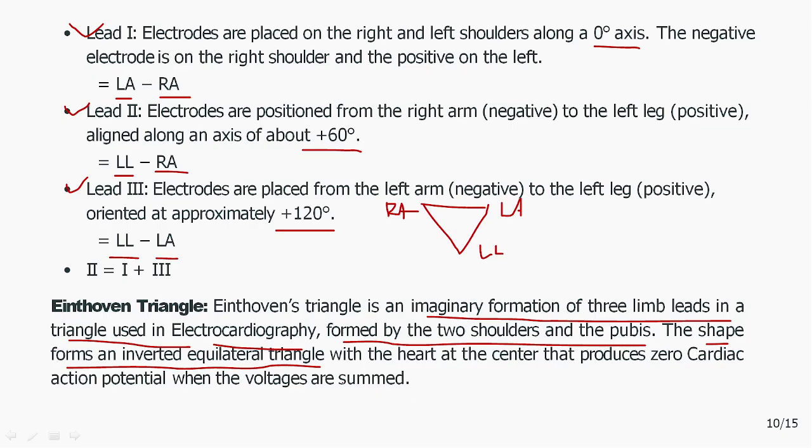With the heart at the center, that is the zero point, acting as zero potential, or your reference, when the voltages are summed up. The vectorial addition will give you zero potential at this point, so it acts as a reference point during measurement.